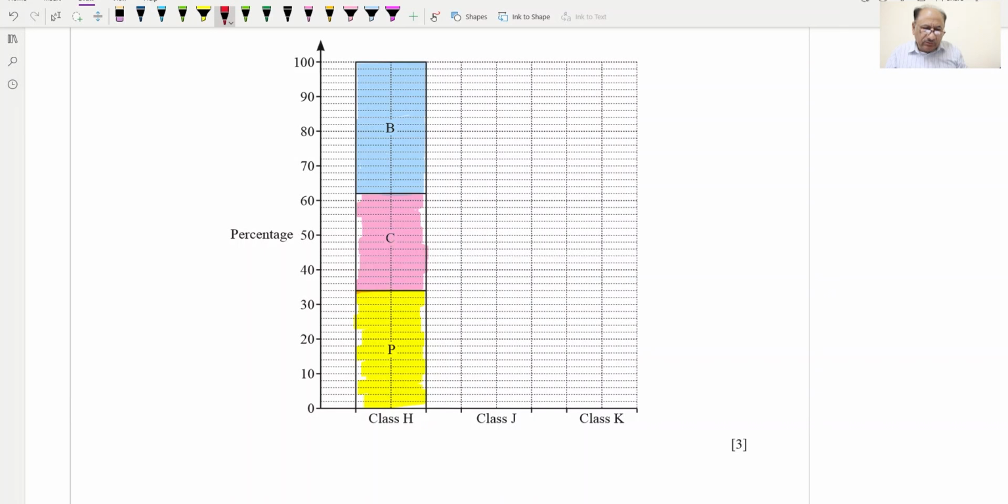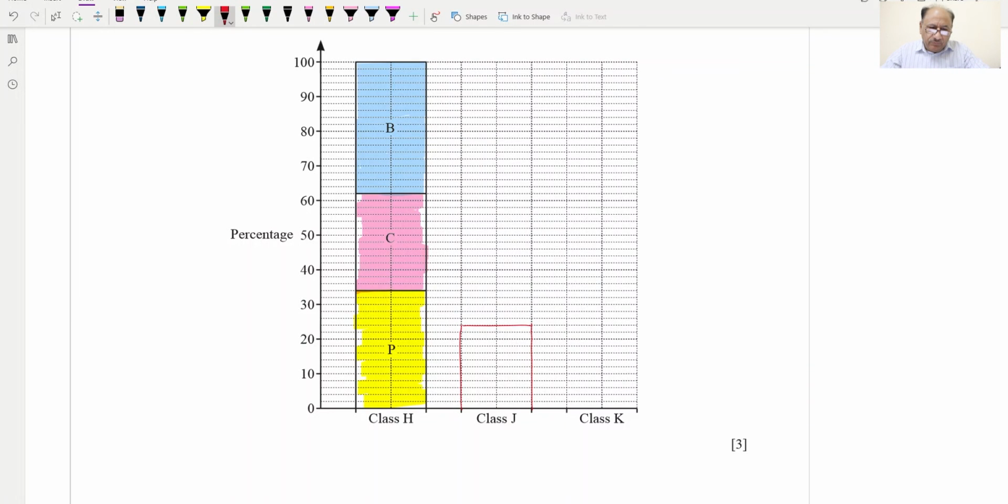The height for 24 will be up to this point for J. I will remove these crosses and close this bar.